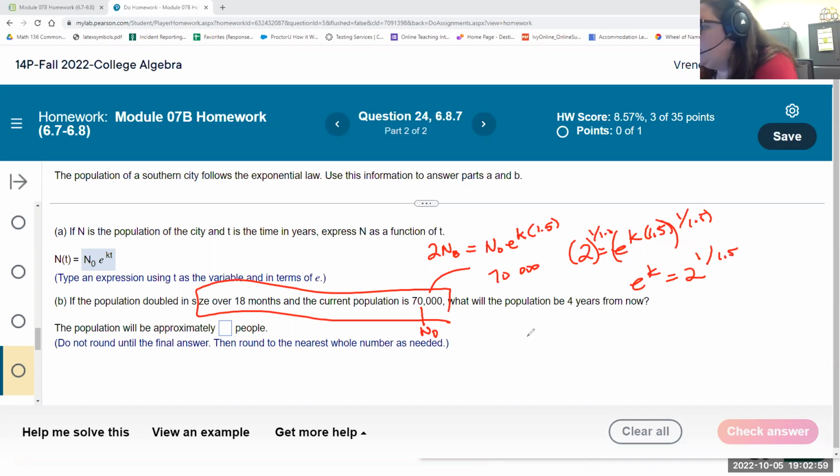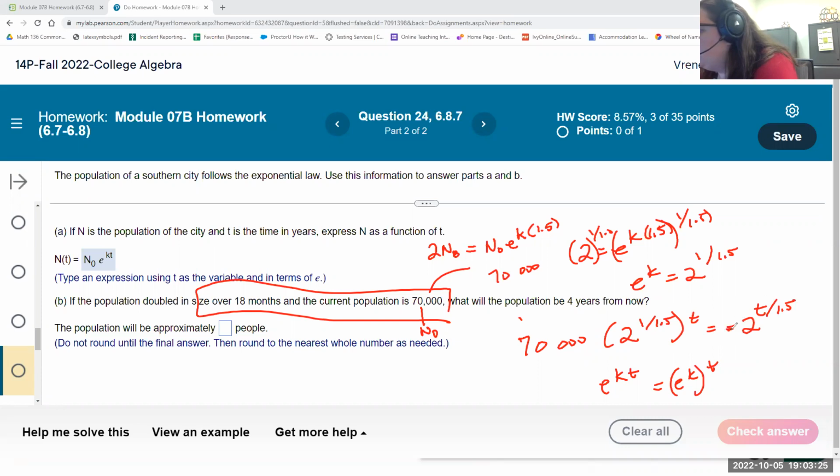And then I have my n sub 0 being 70,000. And I want to think of the e to the kt as e to the k to the t power. So 70,000, then it's going to be 2 to the 1 over 1.5 to the t power, or 2 to the t over 1.5, times 70,000.